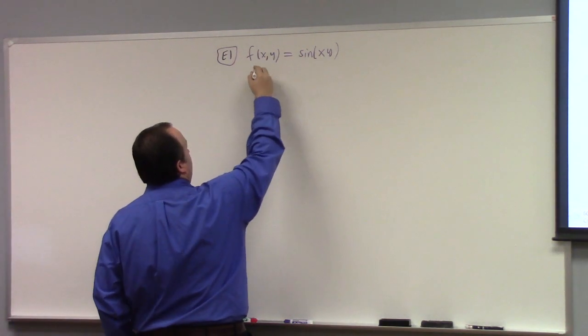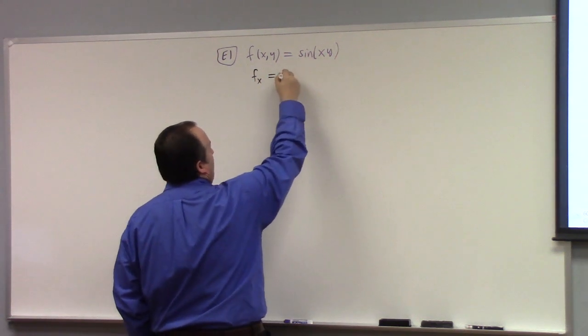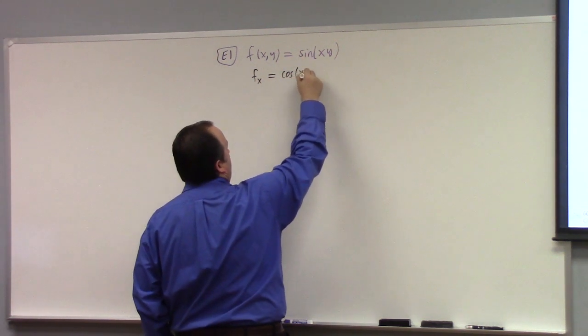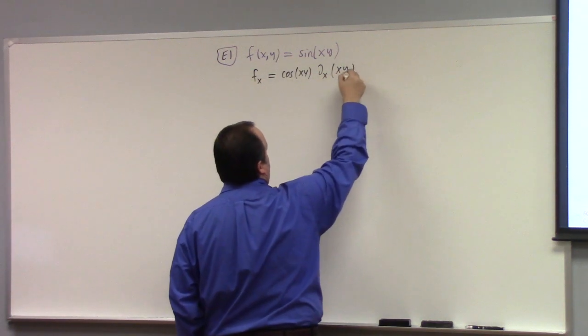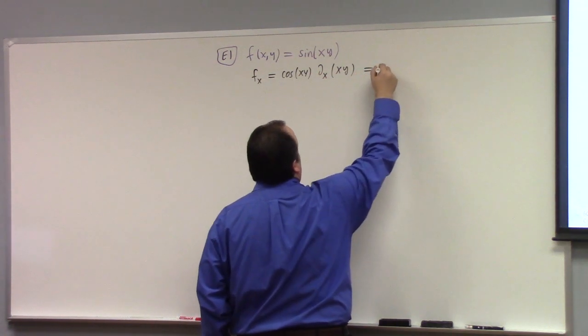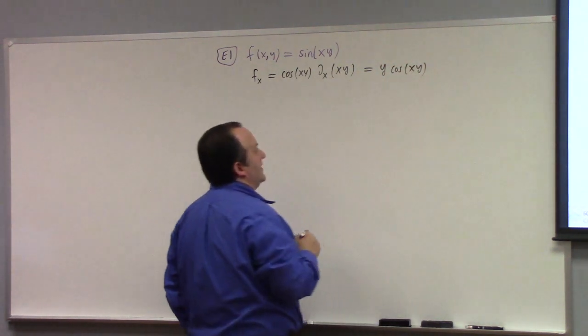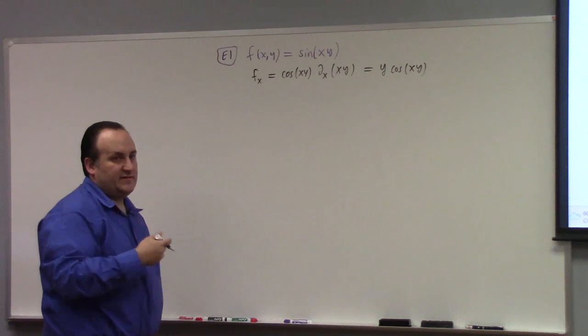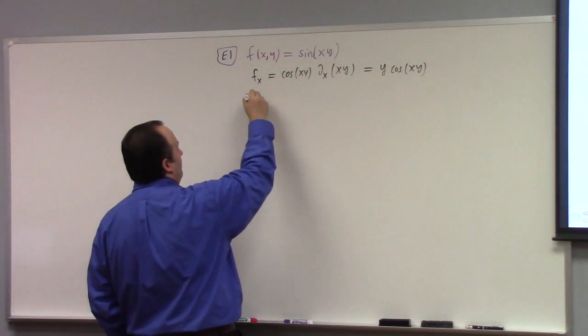So here, what is fx? We differentiate sine, we've got cosine of xy, and then we have to do the chain rule of xy, which is what? It's y cosine xy, right? Because the partial derivative of xy is just y. What's fy?